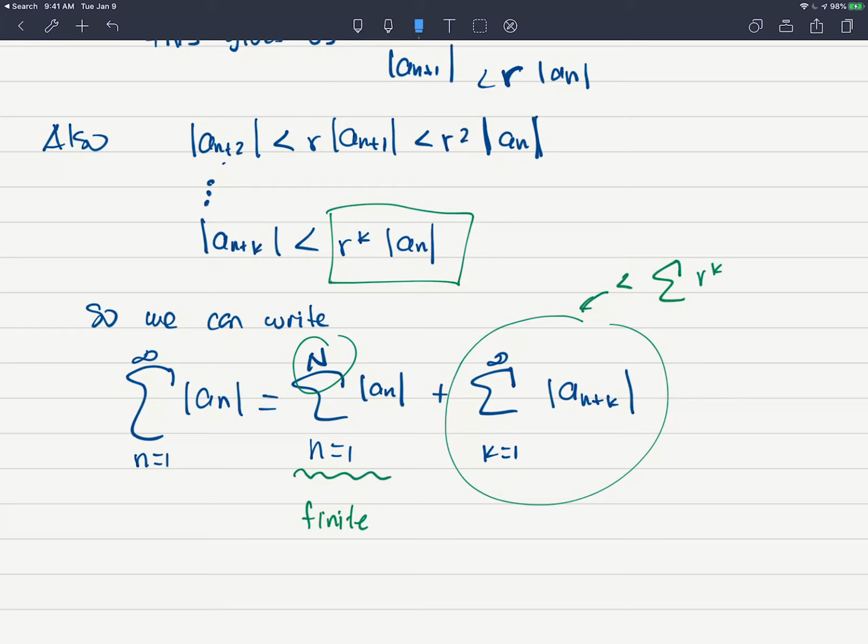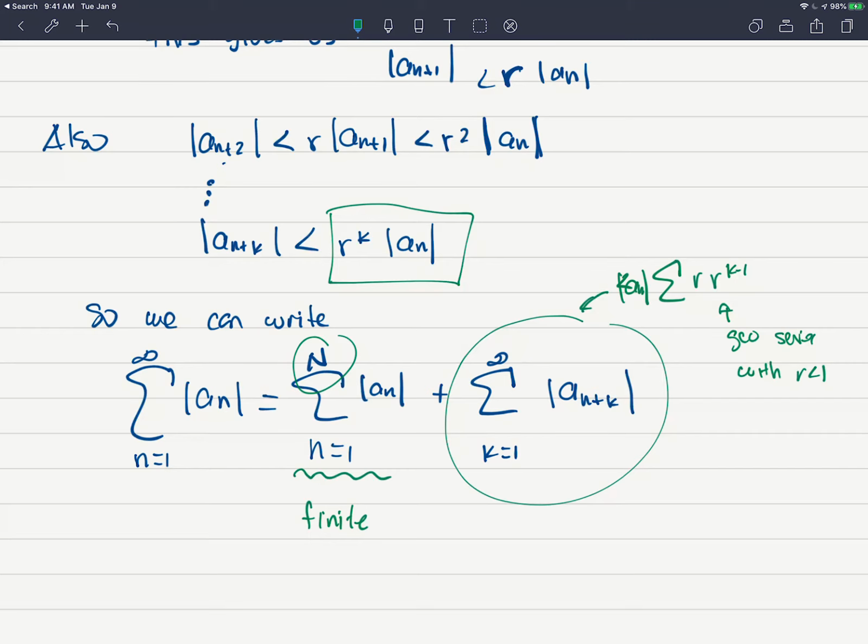I can write it like r to the k minus 1, and the a_N outside because it's a constant, and this is a geometric series with r less than 1.